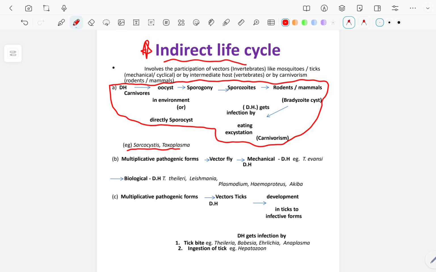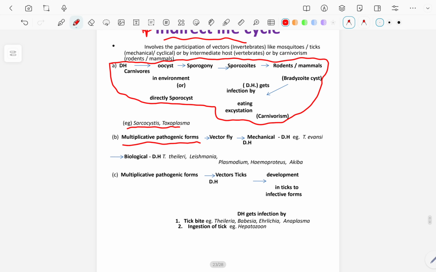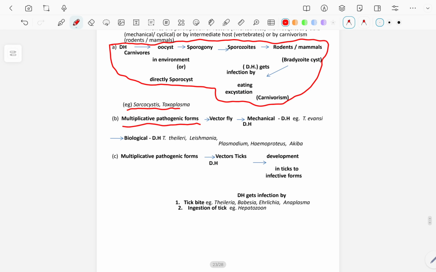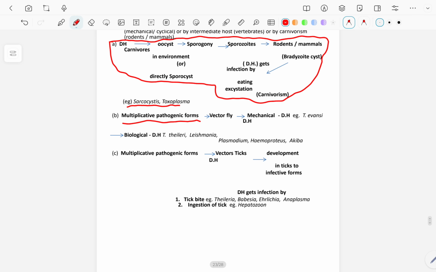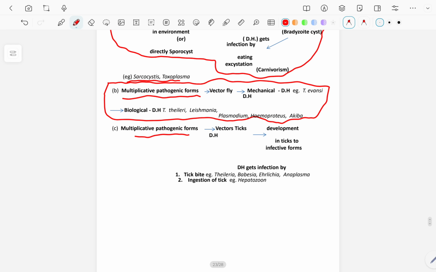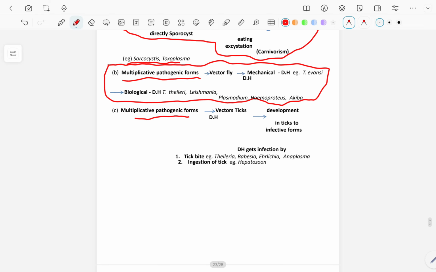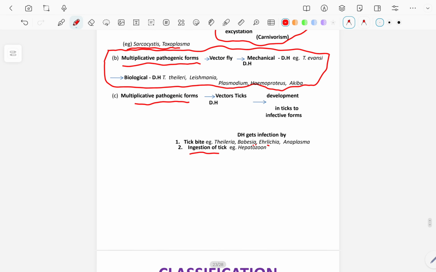Example: Sarcocystis, Toxoplasma. Multiplicative pathogenic form. Tick bite: Theileria, Babesia, Ehrlichia, Anaplasma. Ingestion of tick: Hepatozoon.